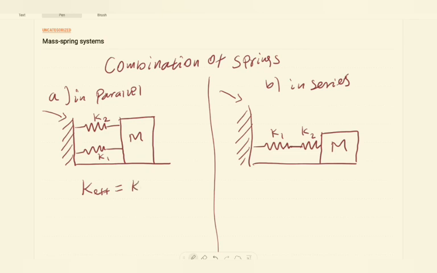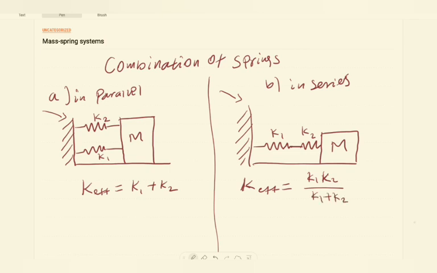So as it does in any capacitor connection, K1 plus K2 ይሆናል ማለት ነው። So in series connection, the effective spring constant, K effective, would be K1 times K2 divided by K1 plus K2.